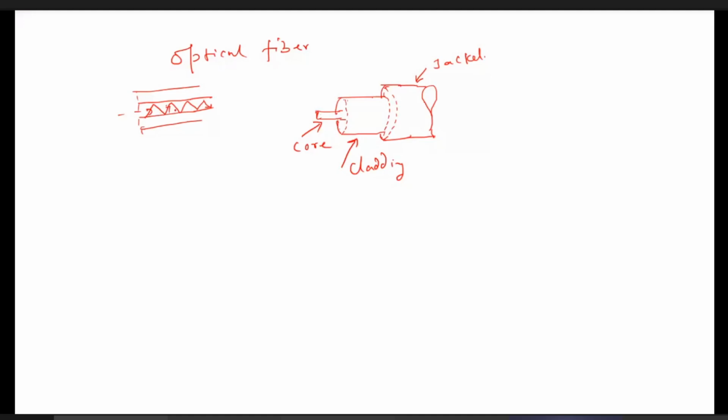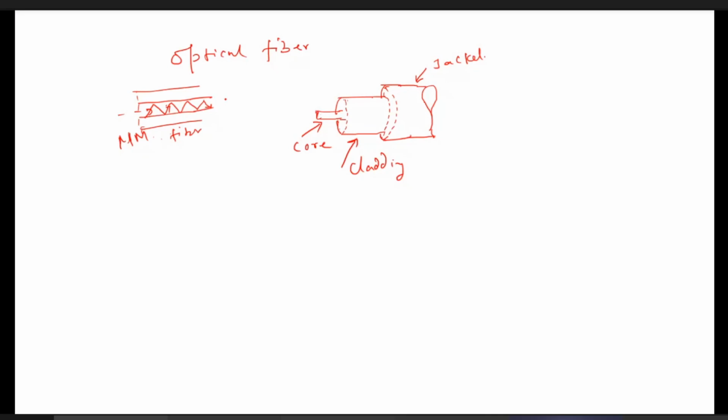But if the fiber is very thin, ray optics cannot be used; you have to consider wave optics. We'll see it when we come to types. Conventional fibers are multimode fibers, with large cores, and in this case ray optics can be used to explain the light energy propagation.